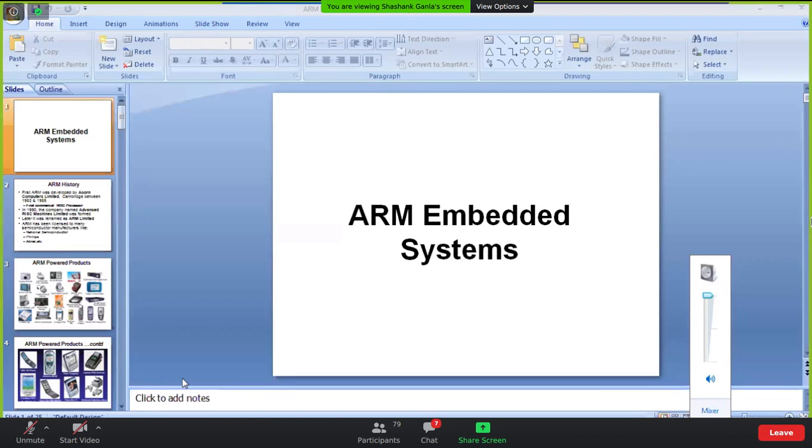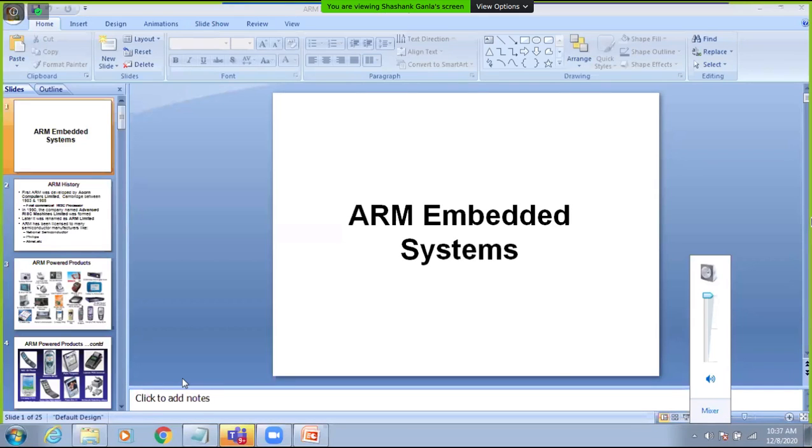Right. So the ARM architecture happens to be one of the dominating architectures in the world of embedded systems, which is taking more than 80% of the embedded systems design.